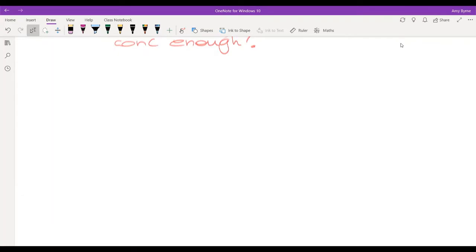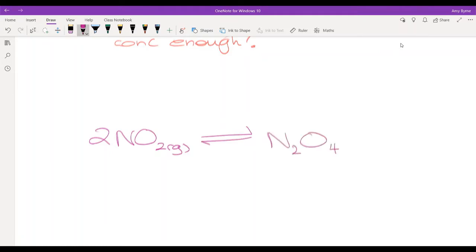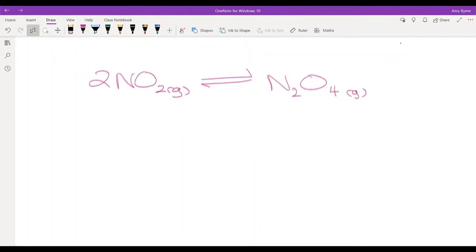The equilibrium that we are going to be looking at, and it really does assist if you've got decent colour vision with this, is a gaseous equilibrium: 2NO2 gas in an equilibrium with N2O4 gas. What change am I looking for with this?